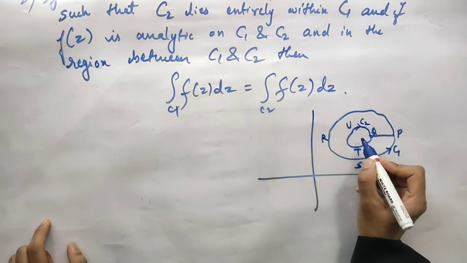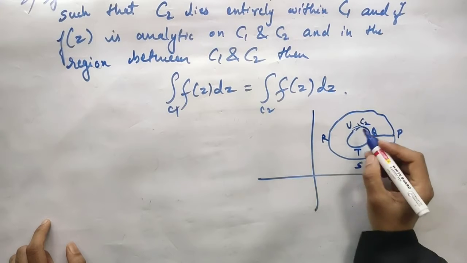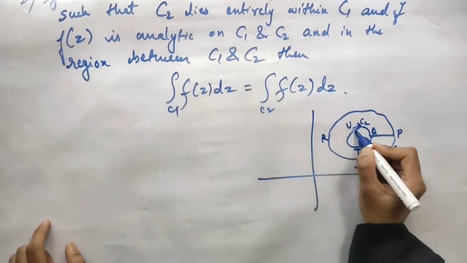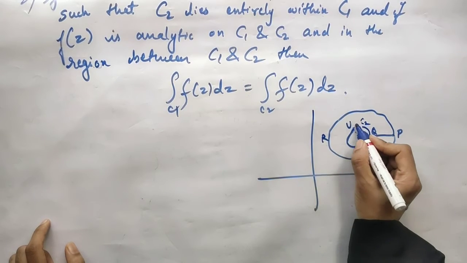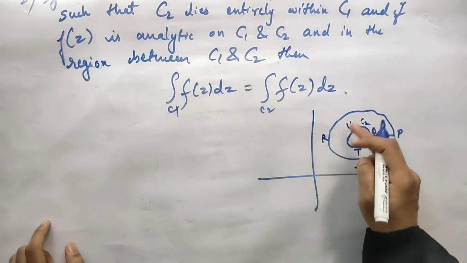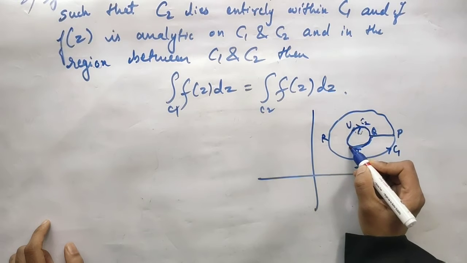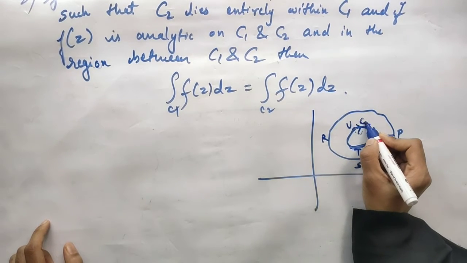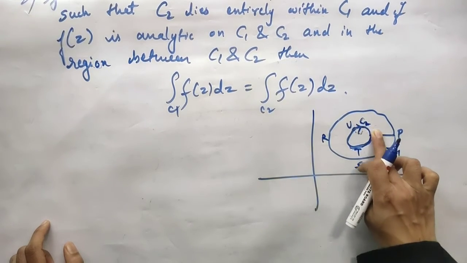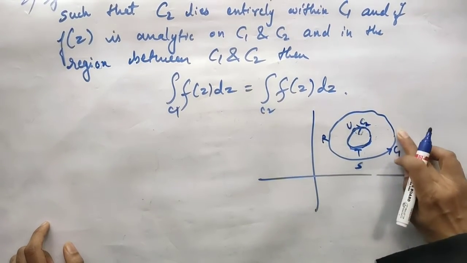See, this is the curve C2, from Q to T to U and again Q. First I will not consider this. Let us first only consider the curves.